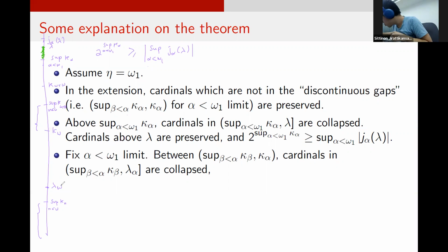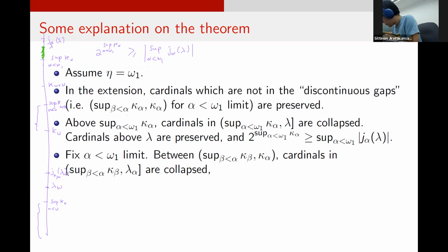So you're gonna have some reflection of Jn of lambda, for example. So now it's gonna be Jn omega of lambda omega. So it's gonna be some ordinal greater than lambda omega and less than kappa omega.